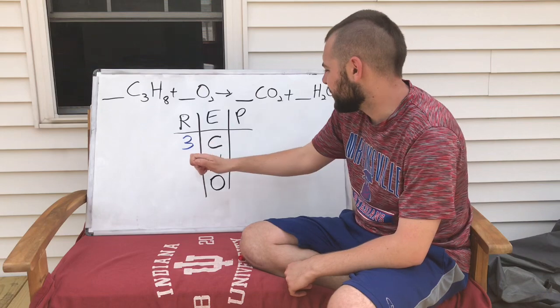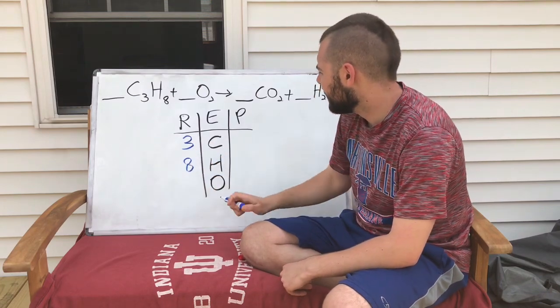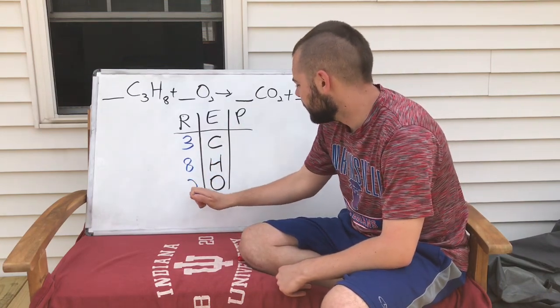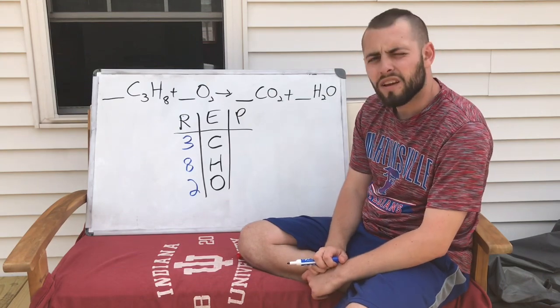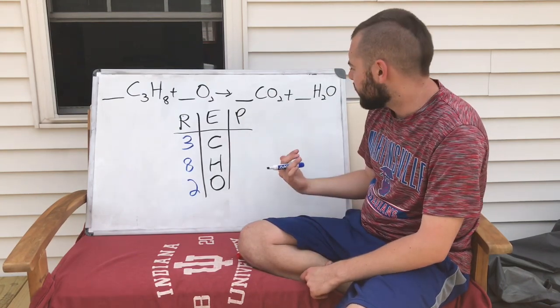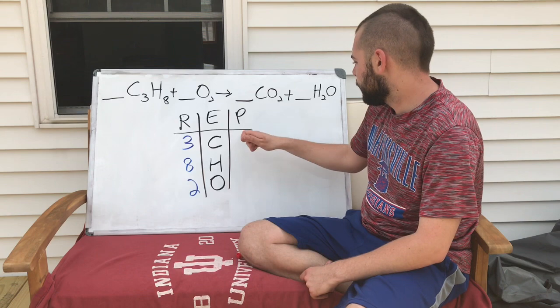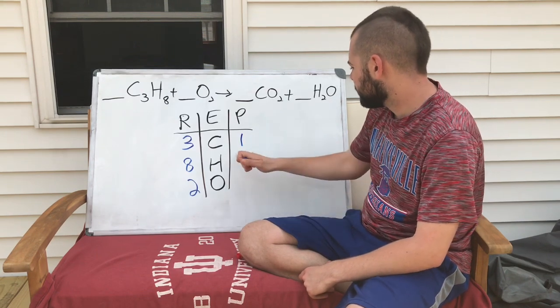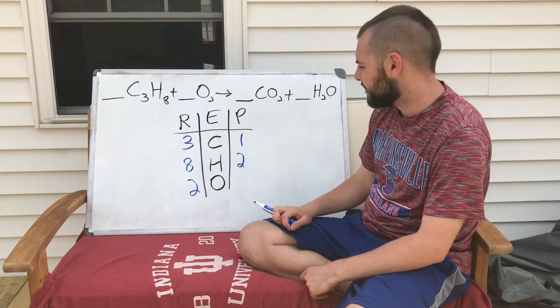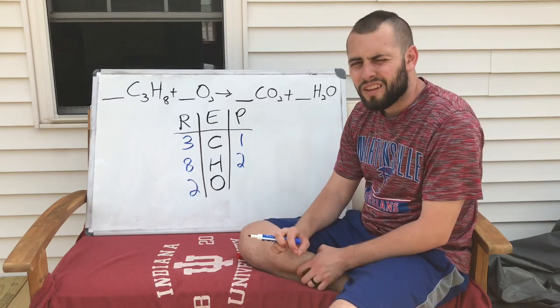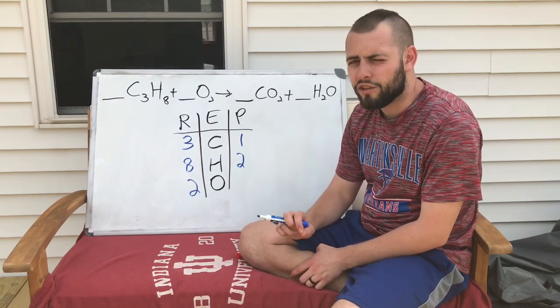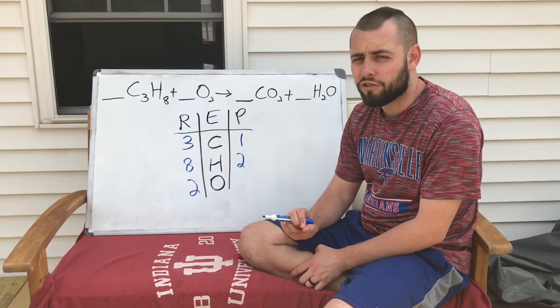I've got 8 hydrogens. And I've got 2 oxygens. Now I'll do the same thing for the product side. 1 carbon, 2 hydrogens. And now, this is how Mrs. Fack suggests that you do it, and I agree. I think this is a really good way to do it.